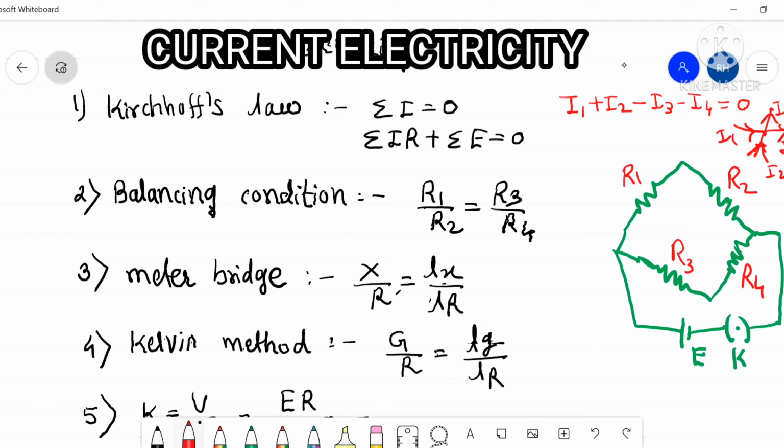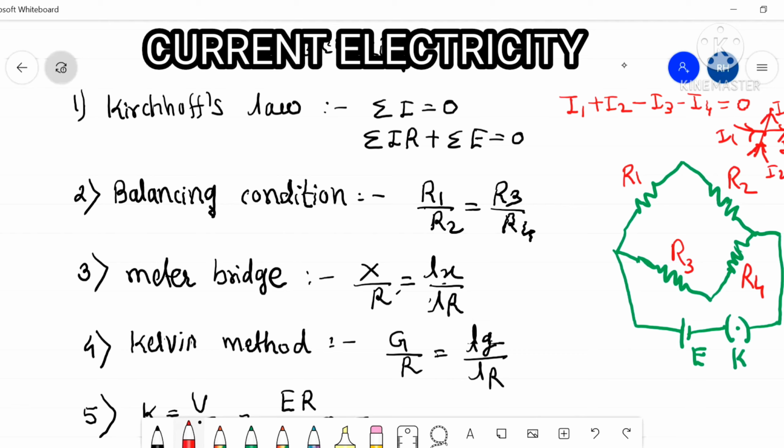The second law is regarding the voltage law. Here the voltage law means the summation of the potential differences across the loop. One circuit loop is taken here, and in that case the potential difference means the product of current and resistance, and whatever batteries are connected in that closed loop are taken as an addition.